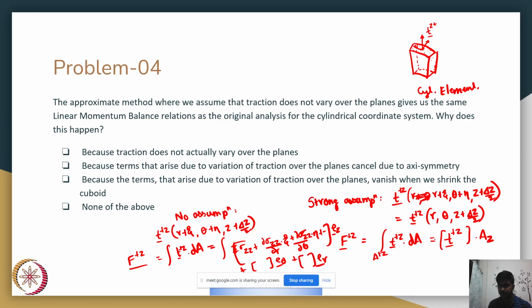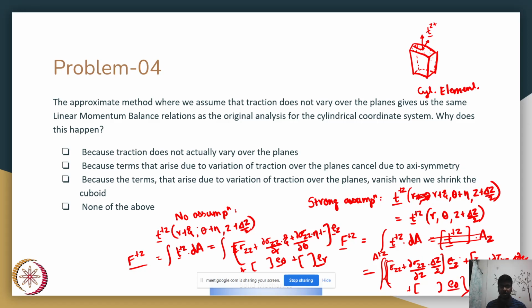Whereas here you actually end up with sigma zz plus dou sigma zz by dou z times delta z by 2 times Ez, plus tau rz plus dou tau rz by dou z into delta z by 2 times Er, and another term for E theta. This whole is multiplied by dA.